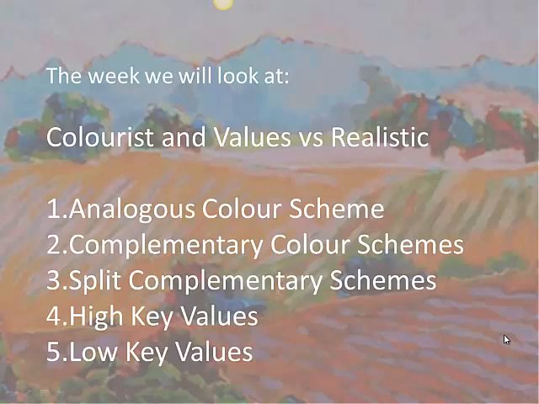So we are going to create about, I'd say, 6 paintings for sure, and some of you will create more. So let's get started. We're going to look at colorists and how they use values versus the realistic.